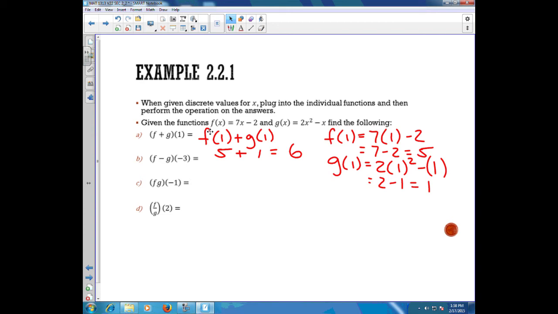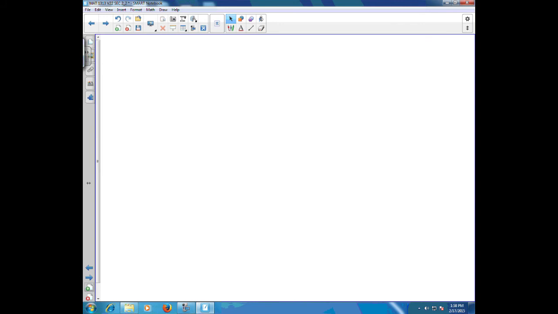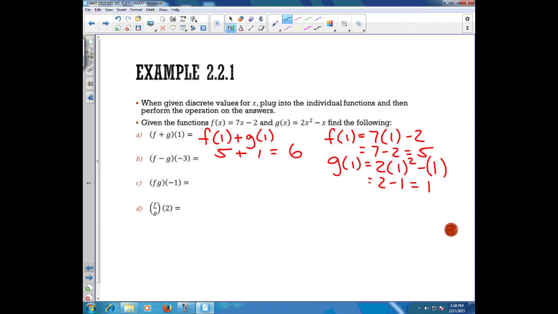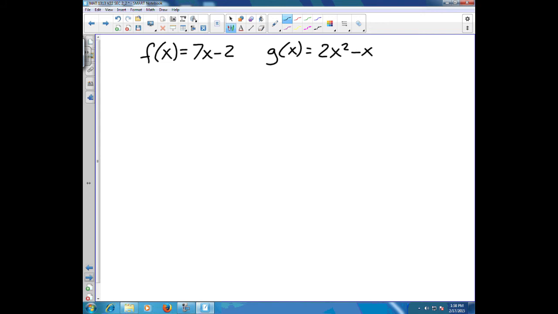And now let's do the same thing for these next three, and I'm going to go to another page. So we have f of x is 7x minus 2, and g of x is 2x squared minus x. And we want to find f minus g of negative 3.